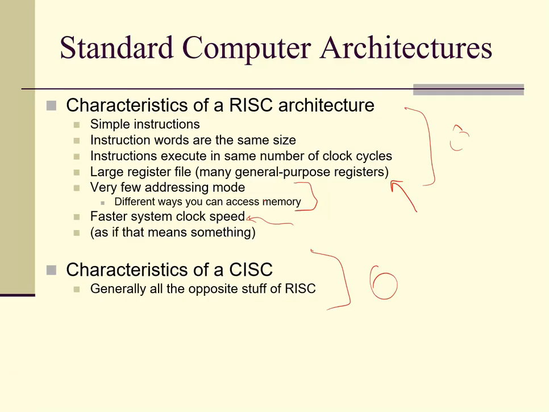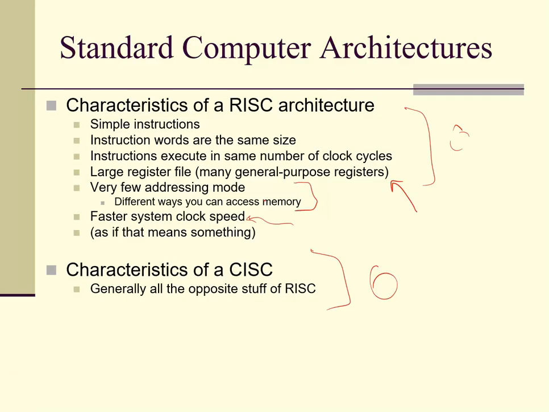That being the case, we can bump the system clock speed up, though that doesn't really mean anything, because everyone used to say they had a really fast system clock, and it doesn't really describe what's going on in the architecture.